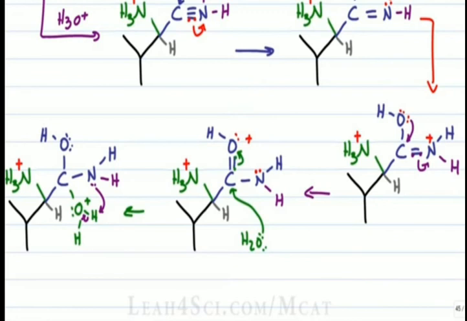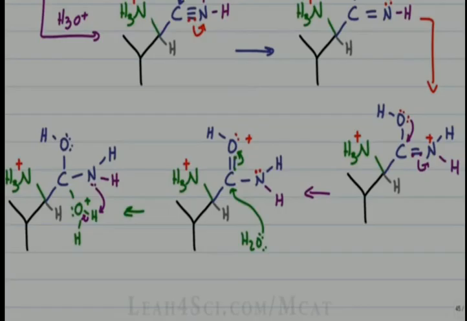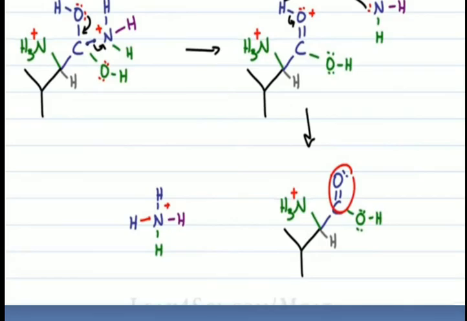A 1,2-diamino diol is then formed after the proton exchange and a nucleophilic attack of water on the former nitrile carbon. Ammonia is subsequently eliminated after the protonation of the amino group, and finally the deprotonation of a hydroxy group produces an amino acid.